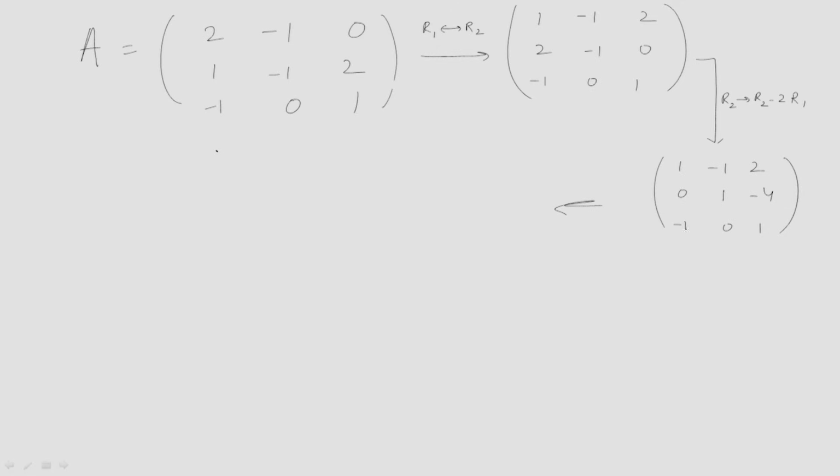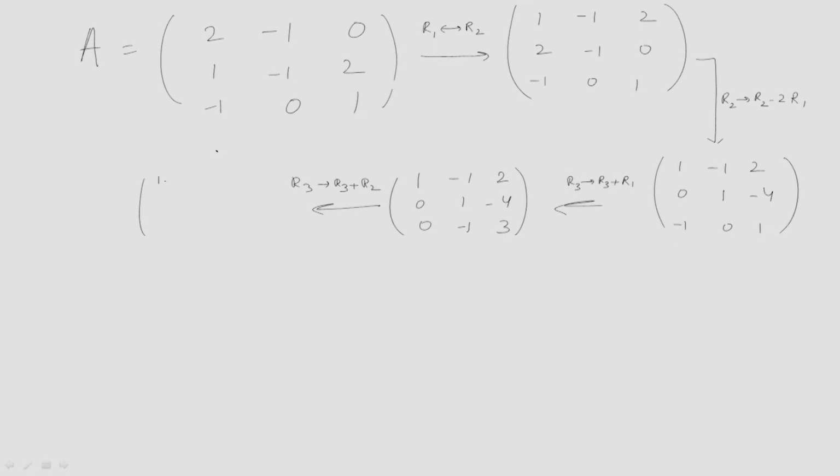Now, you want to make 0 here with the help of this. So, replace R3 by R3 plus R1. So, this will be 1 minus 1 2, 0 1 minus 4, 0 minus 1 3. Now, this is already 1, you want to make 0 here because you have to complete the identity matrix. So, again you apply an elementary row operation, you replace R3 by R3 plus R2.